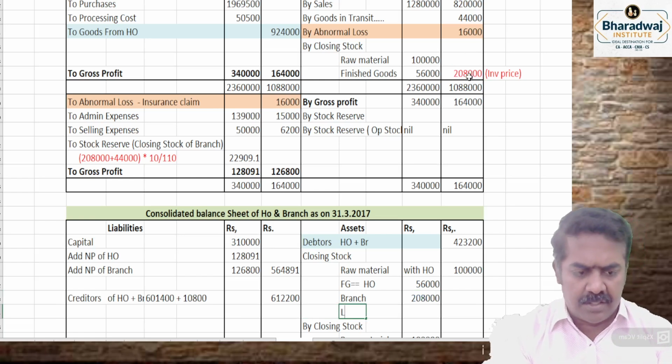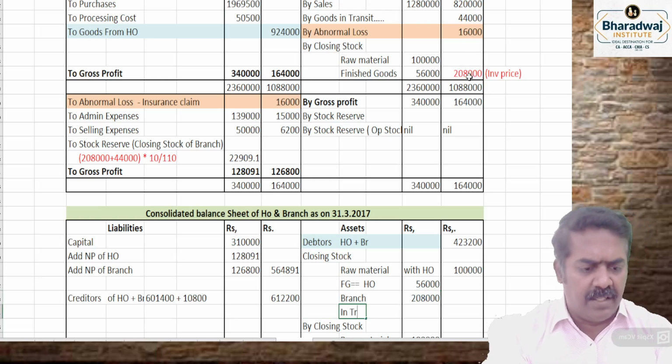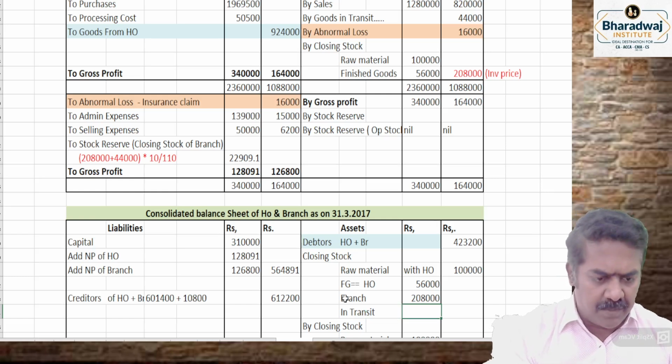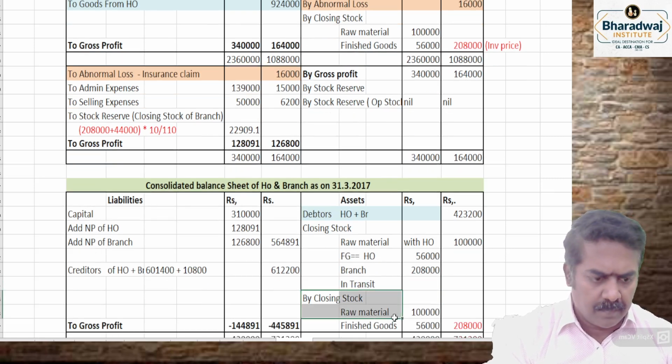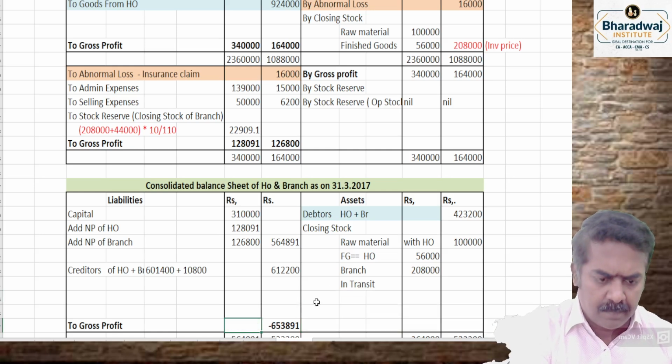Then in transit. Abnormal loss is already adjusted. In transit, how much is there? All these are finished goods. How much lost in transit?